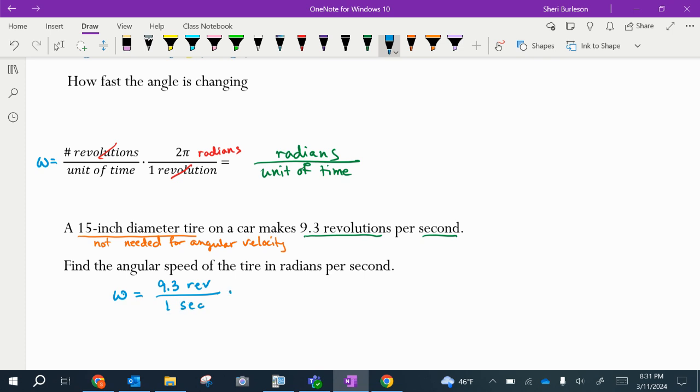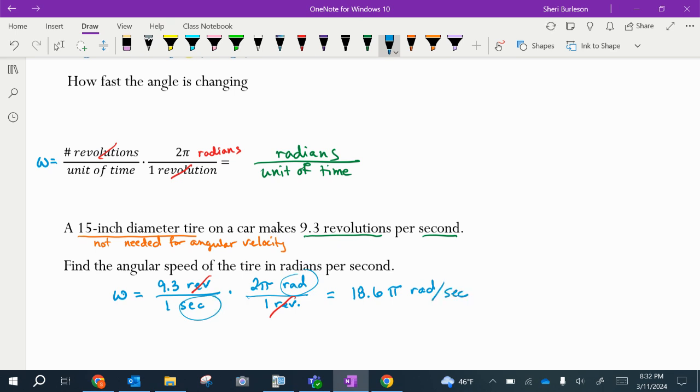Then using dimensional analysis, I want to be in radians per second, so I know that I will rotate through 2 pi radians per 1 revolution. Again, my revolutions unit of measure divides out, and what I am left with is 2 times 9.3, which gives me 18.6 pi. Don't forget the pi. My unit of measure is radians per second.